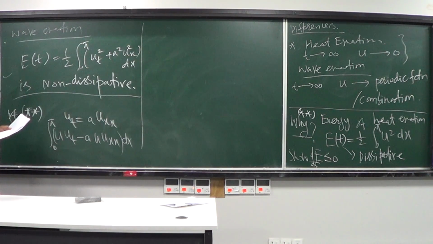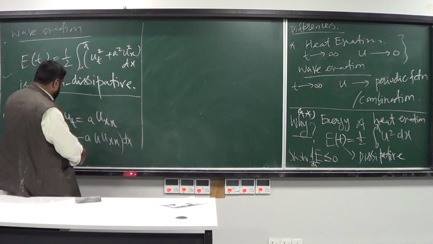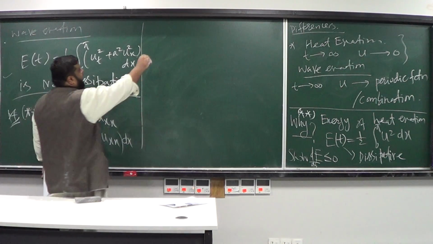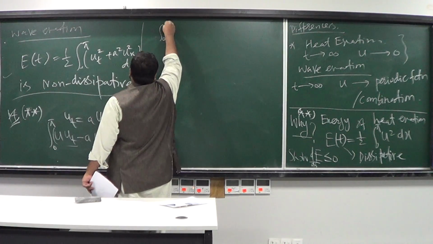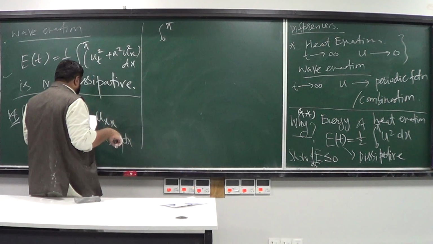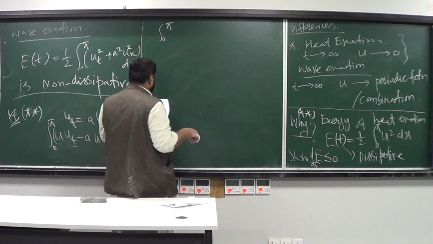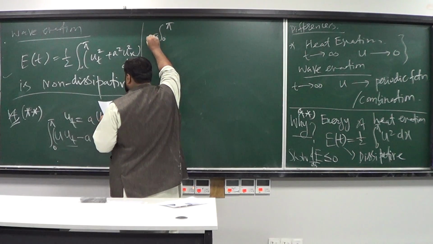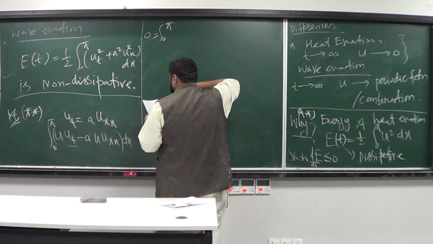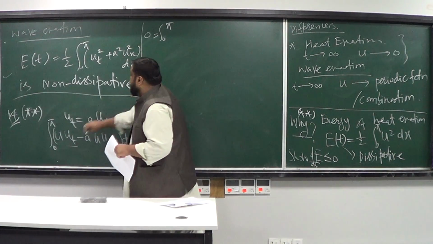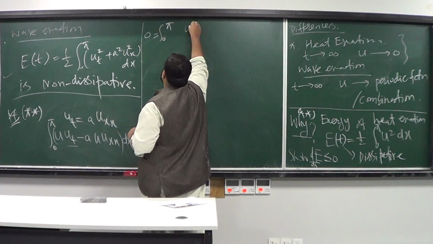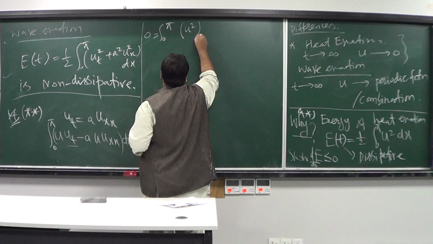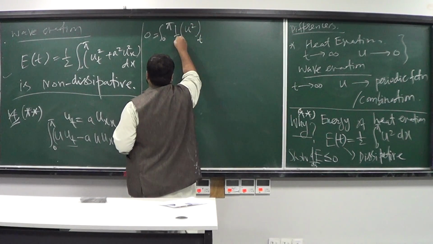So what can we do with this term? I hope you agree with me that everything is equal to 0, and I can rewrite the first term as the time derivative of u squared, multiplied by 1/2.